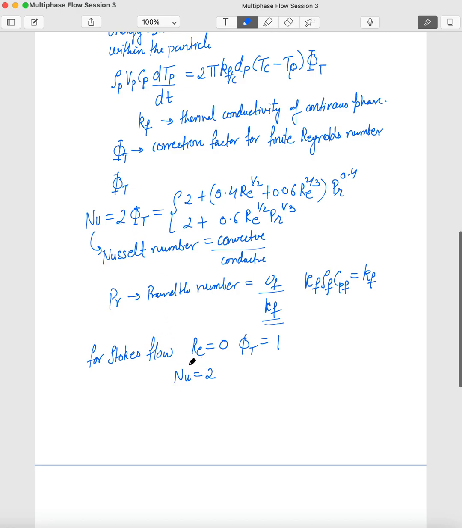So the Nusselt number for the case of a sphere we know is 2 in a uniform flow, for zero Re. Okay.